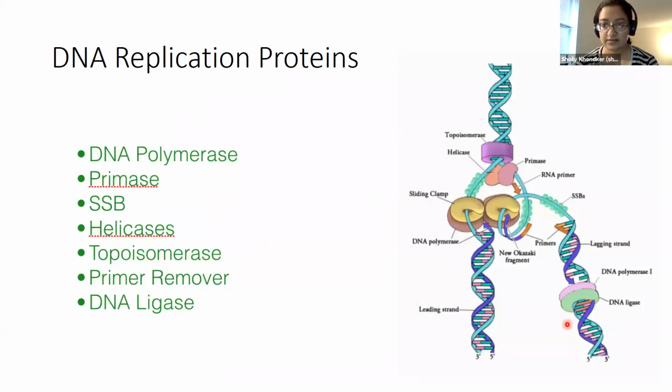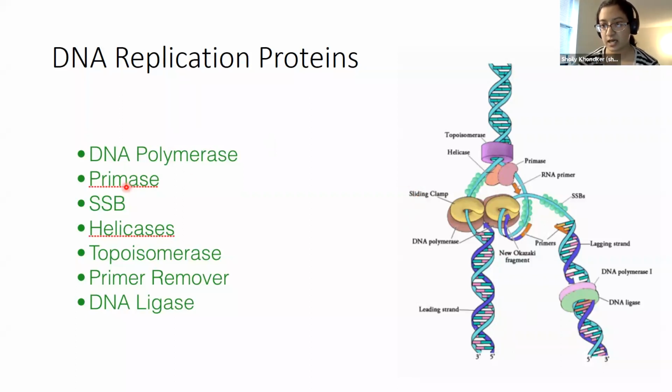This is a schematic of the DNA replication fork. So as I mentioned before, when the DNA replication proteins are loaded onto the origin of replication, it needs to open up the double strand of DNA so that the machinery can access the single strands. Some of the proteins involved in this process include the DNA polymerase, which I just mentioned.